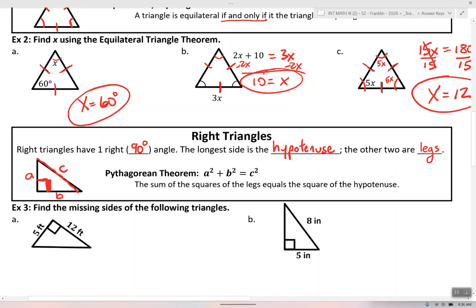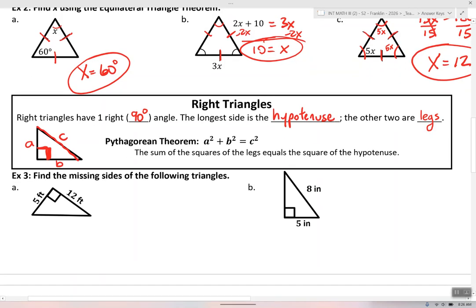So it says to find the missing sides of the following triangles. So for the first example, we have 5 feet as one leg, we'll call it A, and 12 feet on the other leg, we'll call it B, and we're missing the hypotenuse, C. So we can set ourselves up with an equation, 5 squared plus 12 squared equals C squared.